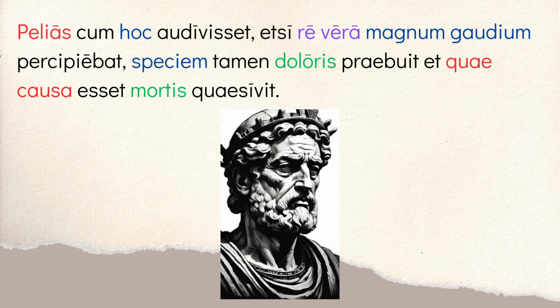Literally in true fact is kind of one way to do it. So although in fact, right, he felt, right, percipiebat, he felt magnum gaudium, he felt great joy. Nevertheless, right, you can translate tamen, he praebuit, he presented, kind of displayed or showed a speciem doloris, a face of sadness. So this is kind of an interesting line.